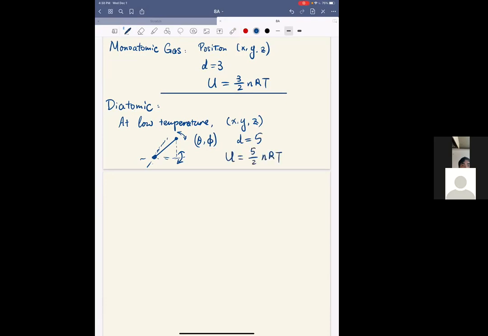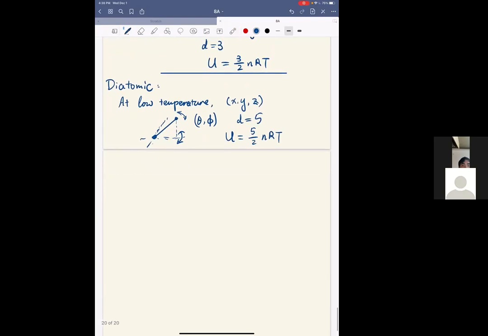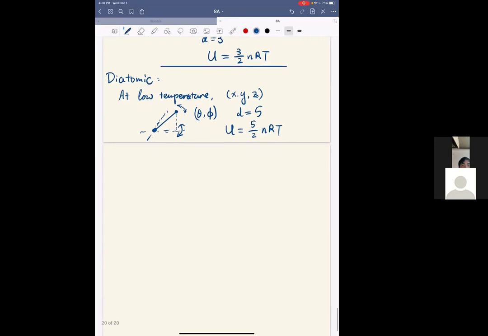And that holds for oxygen or hydrogen or nitrogen, as long as the temperature is not that high. And that holds for room temperature as well. But when the temperature goes even higher, we have a subtlety here.